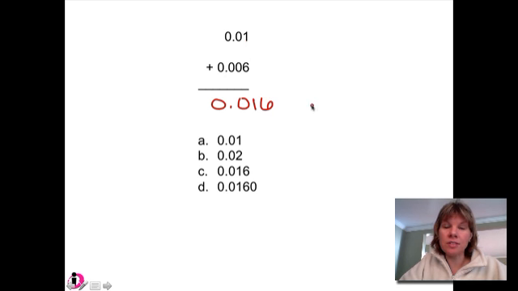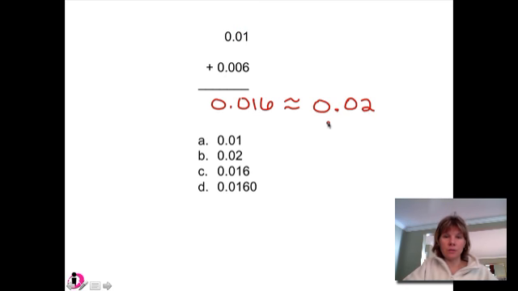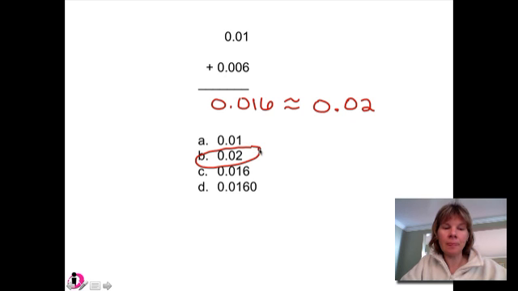Doesn't matter the number of significant digits here, that this is 1 and this is 1, but you have to round that off to the hundredths place, because this one is only accurate to hundredths. 0.02. So here is your answer for that one. Adding is actually a little bit more confusing than multiplying, because when multiplying, you just look at what your smallest number of significant digits is and you go with that.